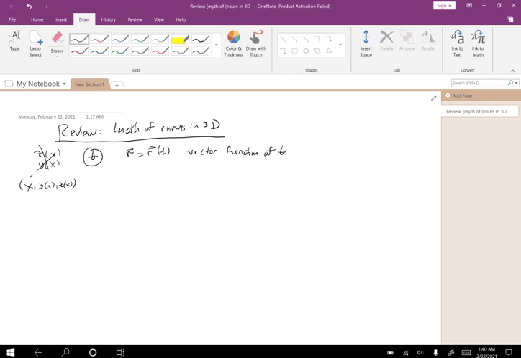And so how do you actually get the length from these vector functions? Well, again, you split the curve into lines. And then you calculate the length for each line.